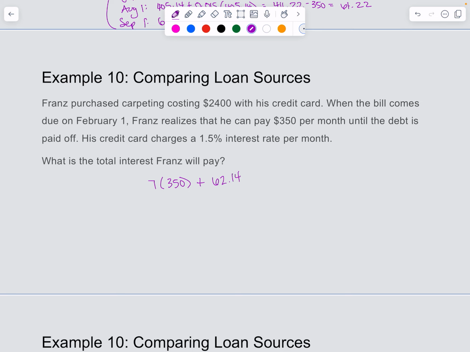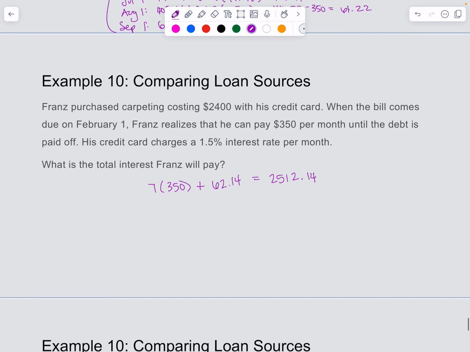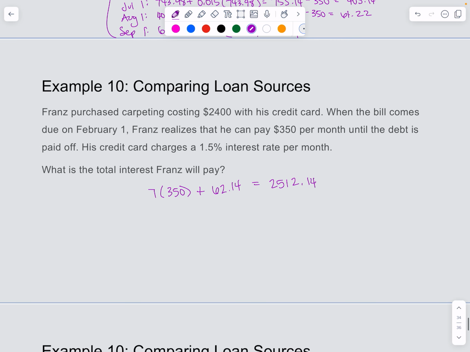So total, he's paid $2,512.14. Okay, let's find out how much interest, because the carpeting cost $2,400. After we subtract off that, we get $112.14. So he paid $112 in interest alone.